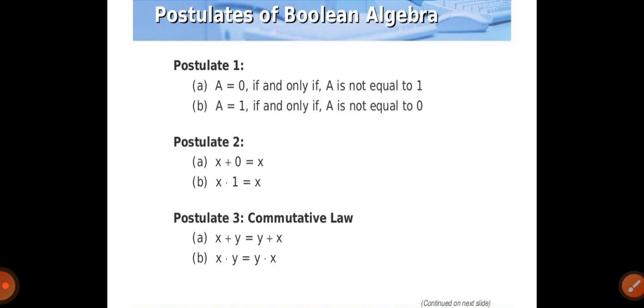Next, the postulates of Boolean algebra. Postulate number 1: a equals 0 if and only if a is not equal to 1.